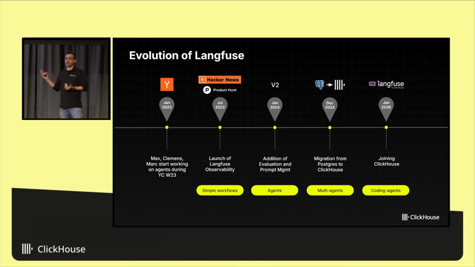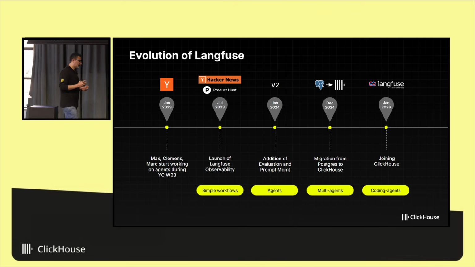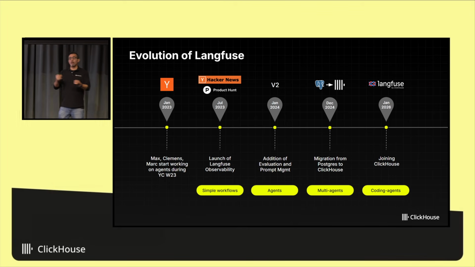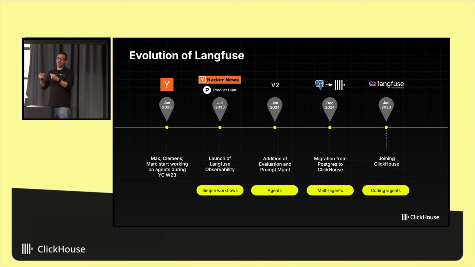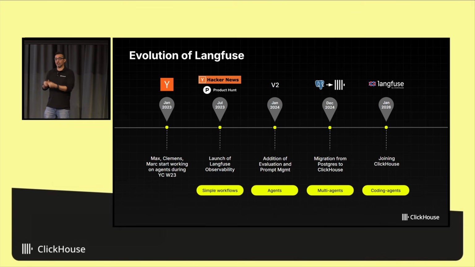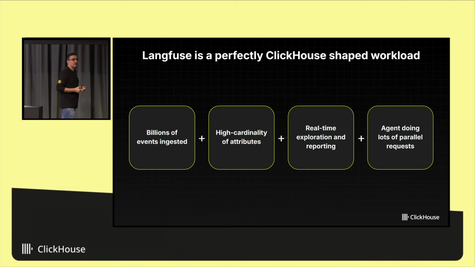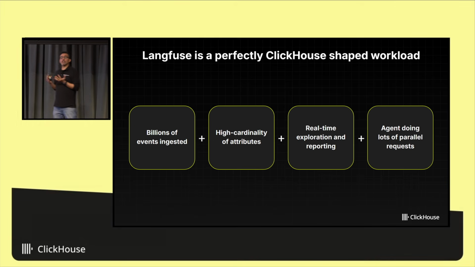And 11 or 13 months down from there, they realized that they could join hands with ClickHouse, because ClickHouse was the database optimized for their workload, and they have this workload that is optimized for ClickHouse. The shape of the Langfuse workload itself is very ClickHouse friendly.